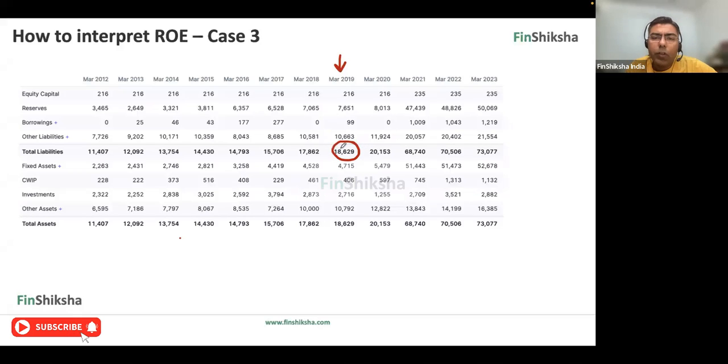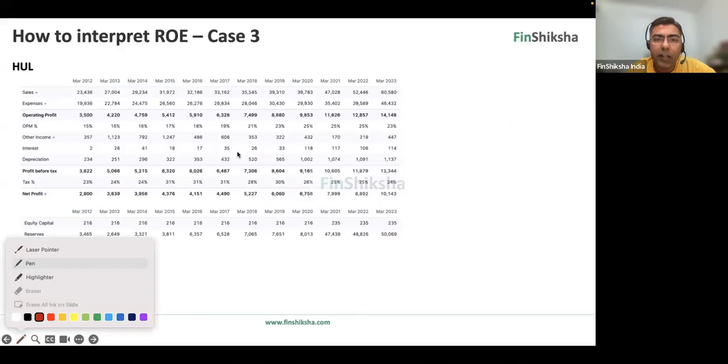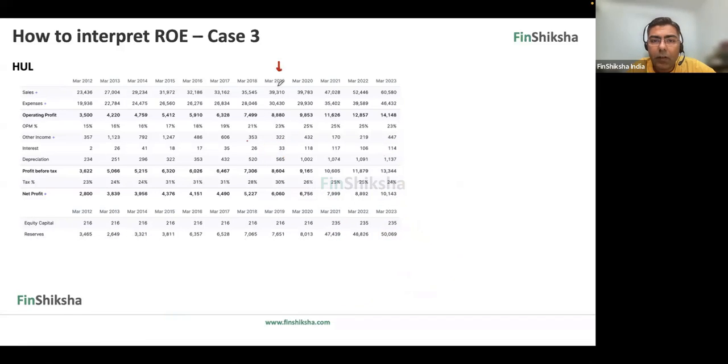With this 18,000 crore, if you look at assets, they are working with like 4,000 crore fixed assets, right? With this, they are generating in 2019 a sales of nearly 40,000 crore and a profit of 6,000 crore. This is not a capital intensive business.